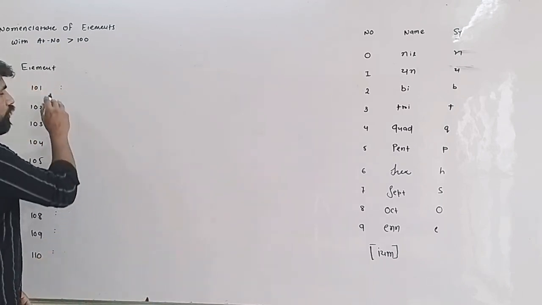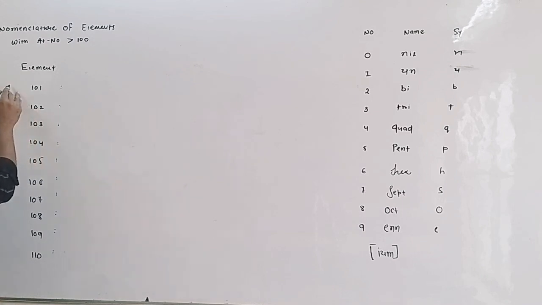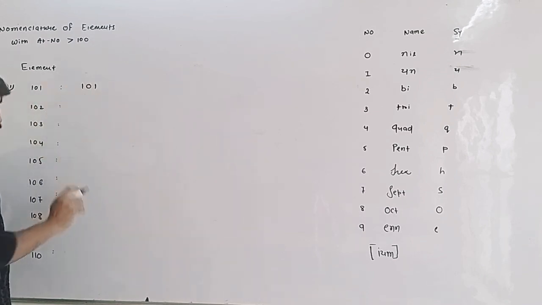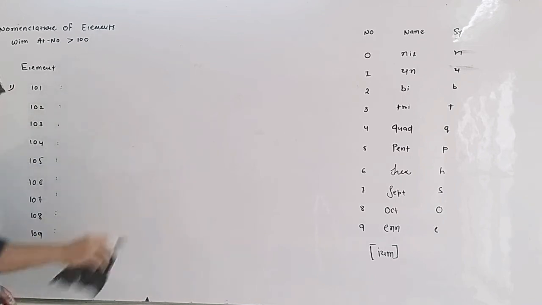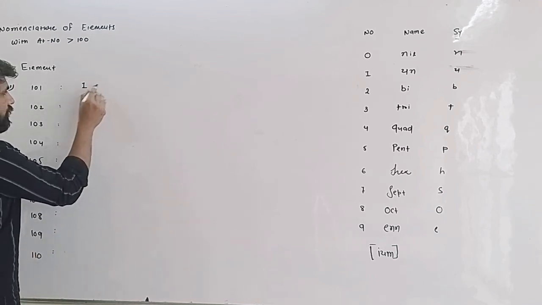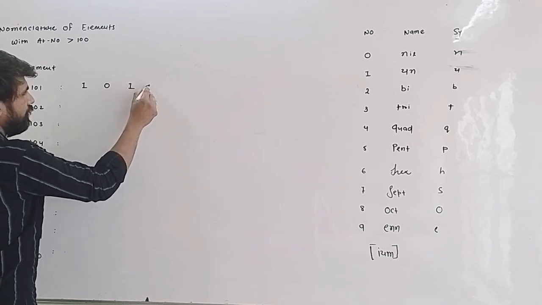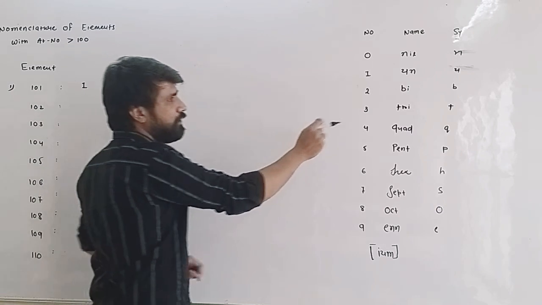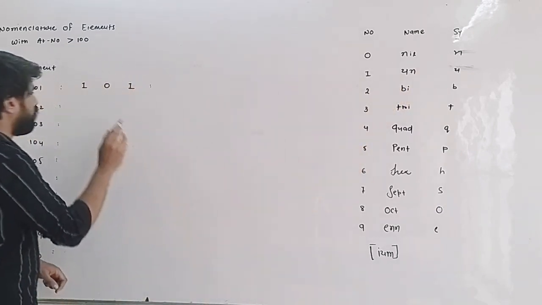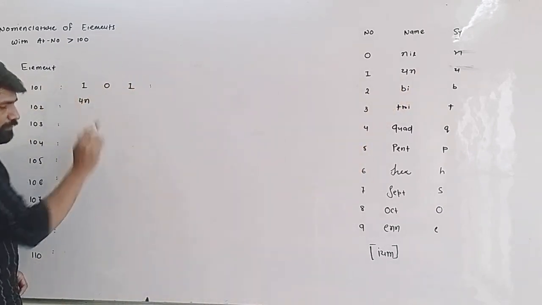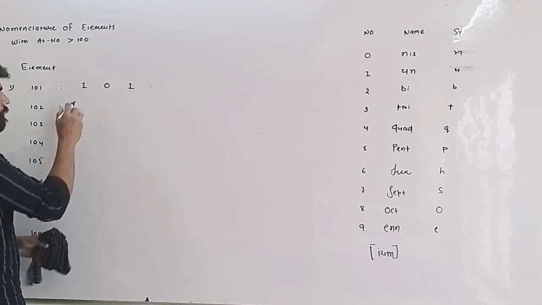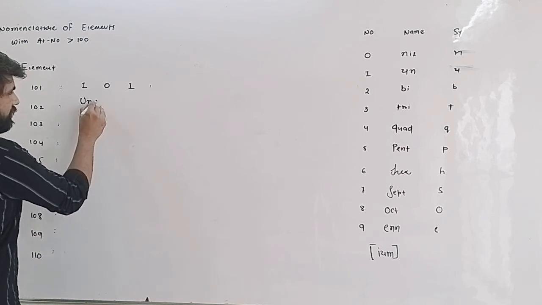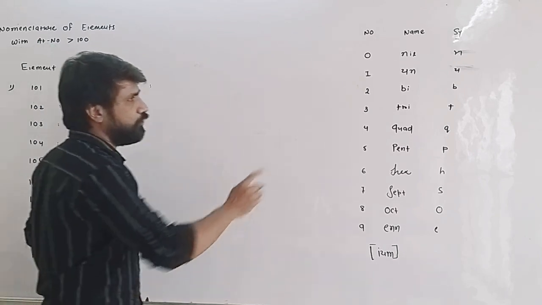Okay, so from the beginning, 101. Here it is the first one, 101. If you want to give a name to 101, the 3 digits are 1, 0 and 1. Okay? So what is our name for 1? U-N, un. So note it like un. Plus, what is 0? 0 means nil.